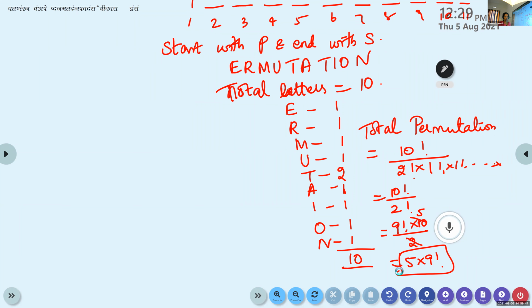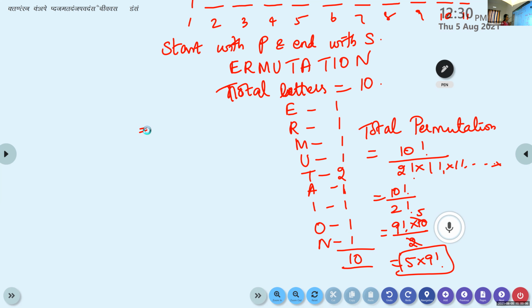Now is it okay? Is it clear, children? Now find out this value. If it is an MCQ and the option is like this, you can stop. If it is calculated, then you also have to calculate. So here you practice it by doing the calculation.